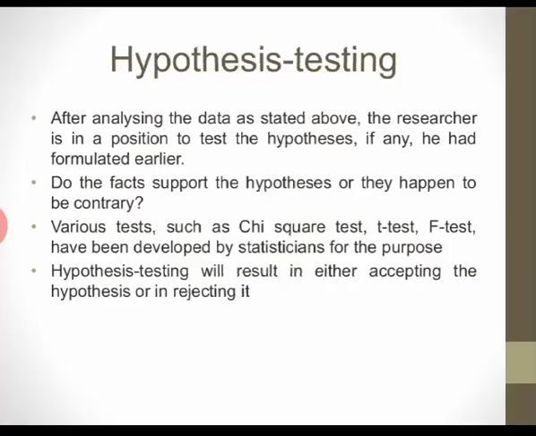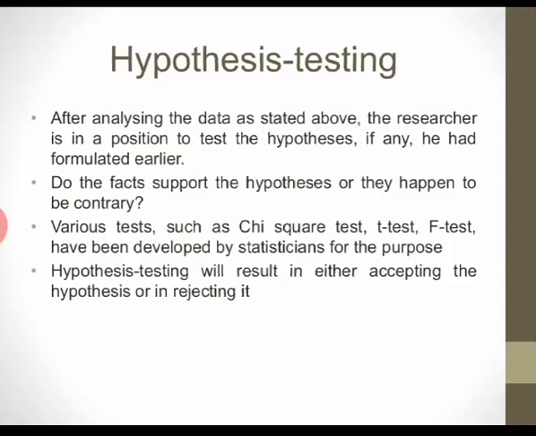After analyzing the data, we will do the repetition of the third step, that is hypothesis testing. We had formulated a hypothesis. Now we will test the hypothesis using the data which we have in our hand. That is, after analyzing the data as stated above, the researcher is in a position to test the hypothesis, if any, he had formulated earlier. Do the facts support the hypothesis or do they happen to be contrary?